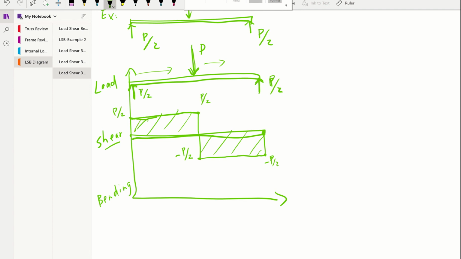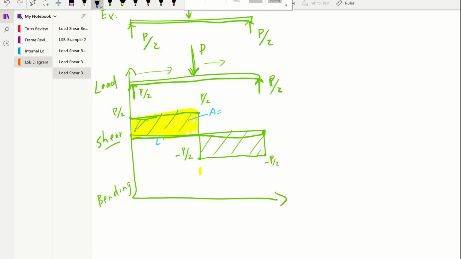So the area underneath this shear diagram is going to give us our bending. If I integrate this entire area, that gives us the bending at this point, because I'm integrating the first half of it. So now let's think about what the area of this entire rectangle is.